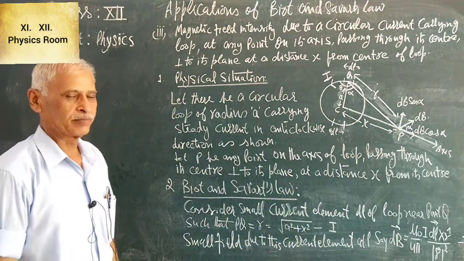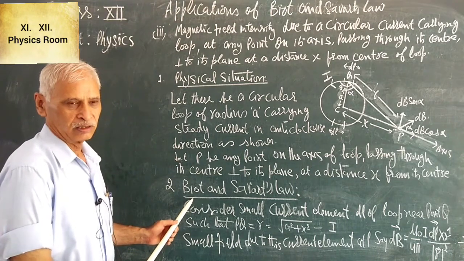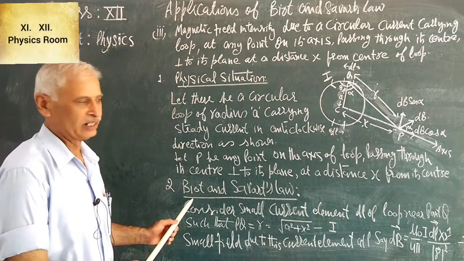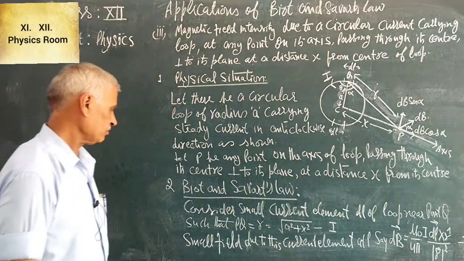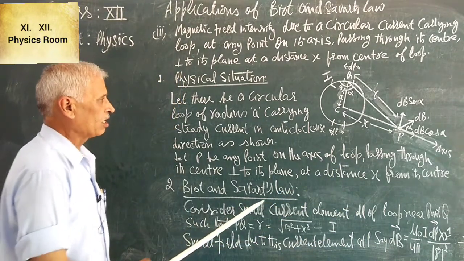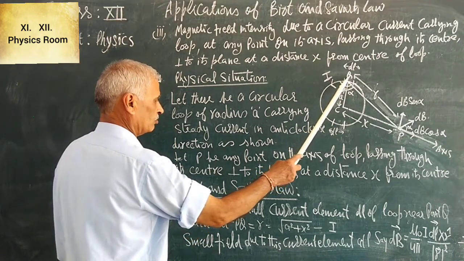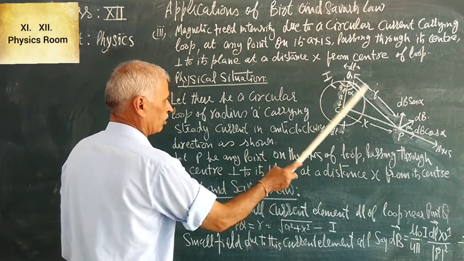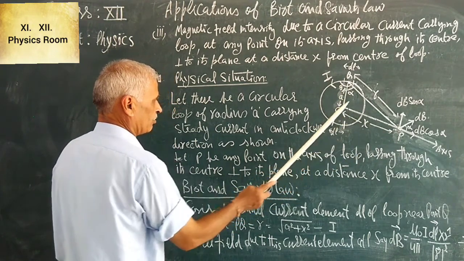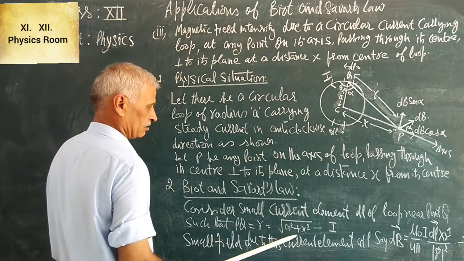Now in the second step we are to apply Biot and Savart's law to express the magnetic field intensity at P. Now consider a small current element dl of the loop near point Q such that PQ is equal to r, and r is equal to root of a square plus x square.